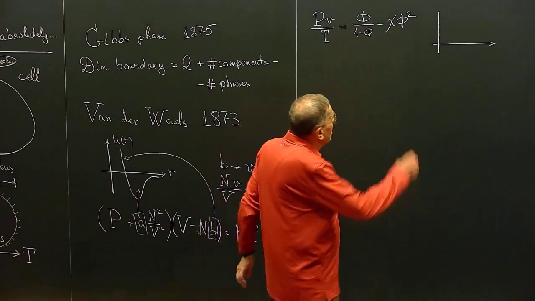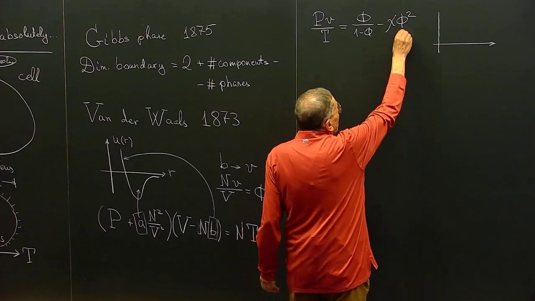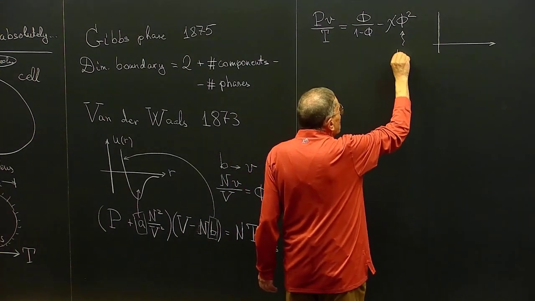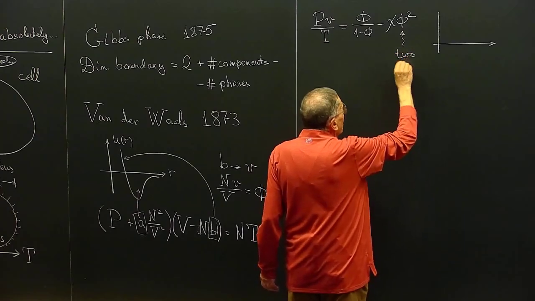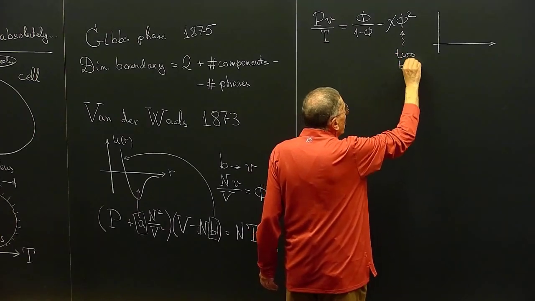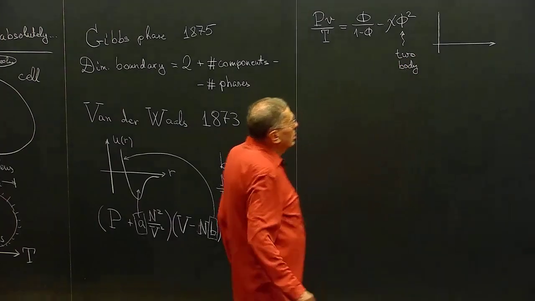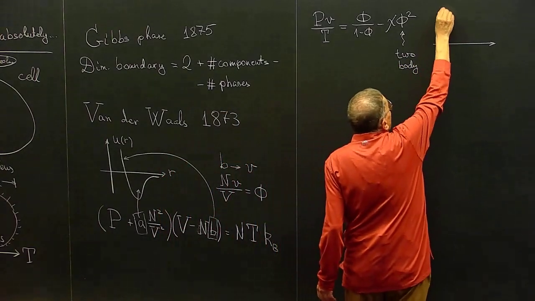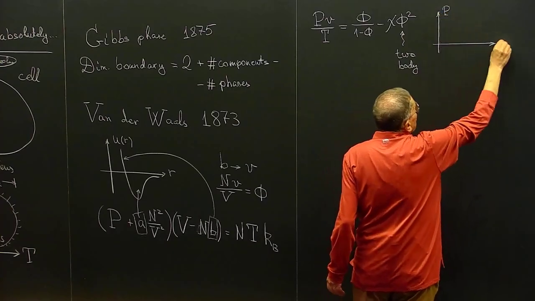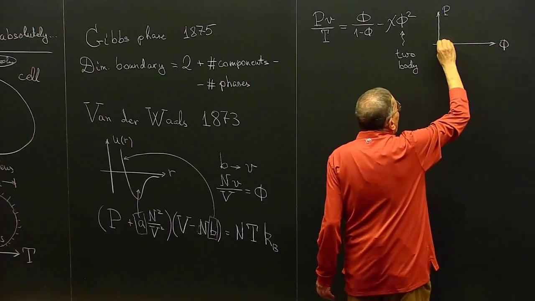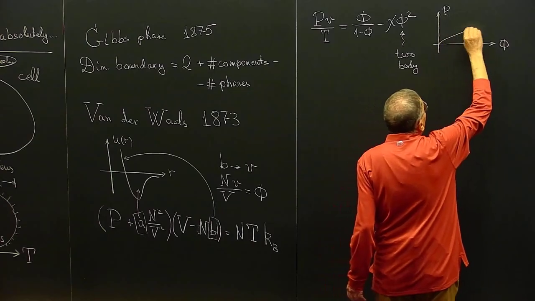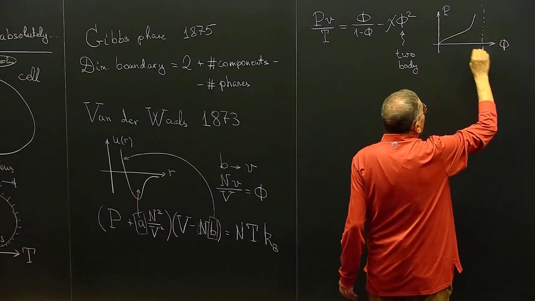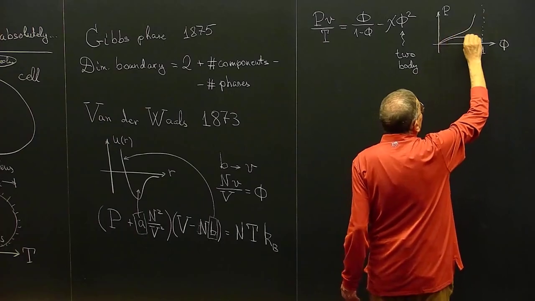And by the way, this power means that this is two-body interaction. Okay? So what this means is that pressure as a function of density at small chi, when there is no significant interaction, goes like this.